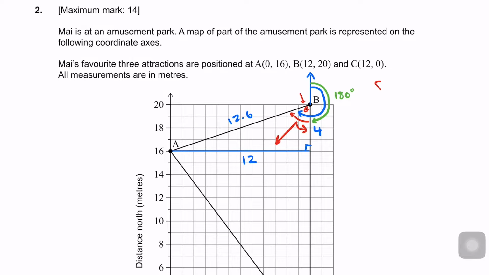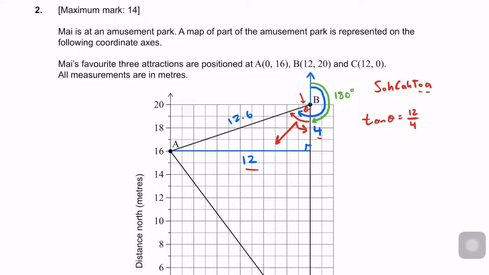Remember SOHCAHTOA? This is actually not in the formula booklet, our trig ratios. So in this case, we're going to use the opposite side length and the adjacent. So tan theta equals, in this case, opposite is 12 and adjacent is 4.